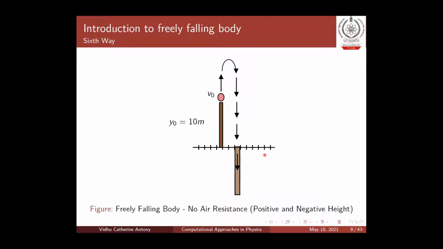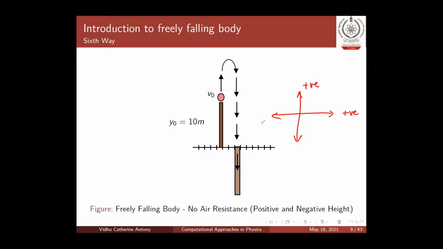So in this case, what do you have? When you execute it on the computer and get your results from your program, you do see positive as well as negative heights. The convention that we are going to follow is the coordinate axis convention. If you're going in this direction, it's positive.